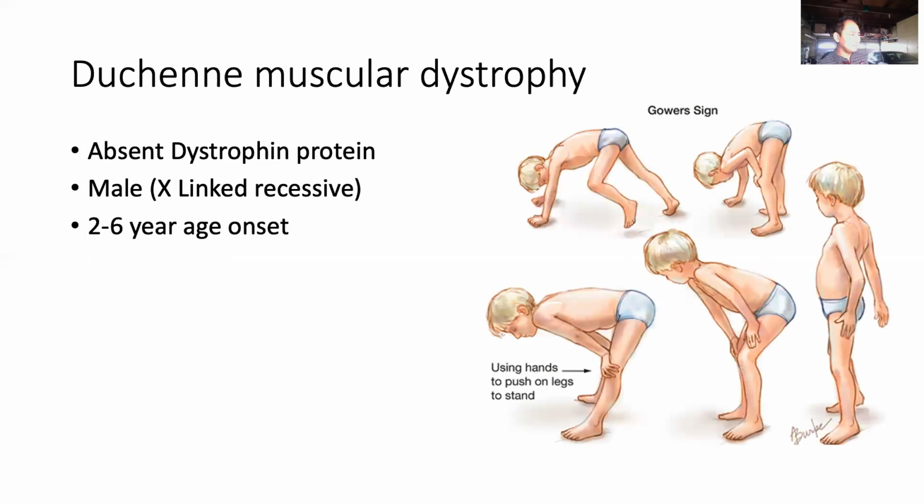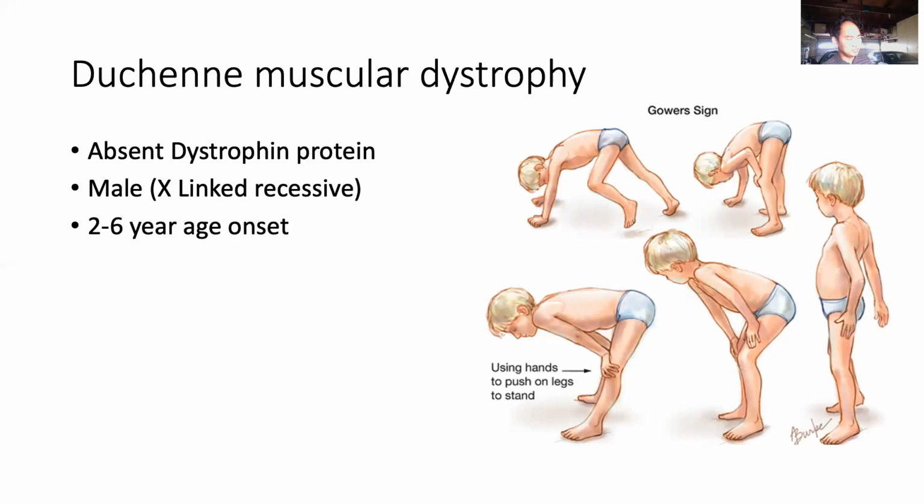Let's go to muscular dystrophy. One more slide. This is a condition called Duchenne muscular dystrophy. The cause of this is the absence of dystrophin protein in the body. It usually happens in males only, and it is X-linked recessive. It usually starts at the age between 2 to 6.